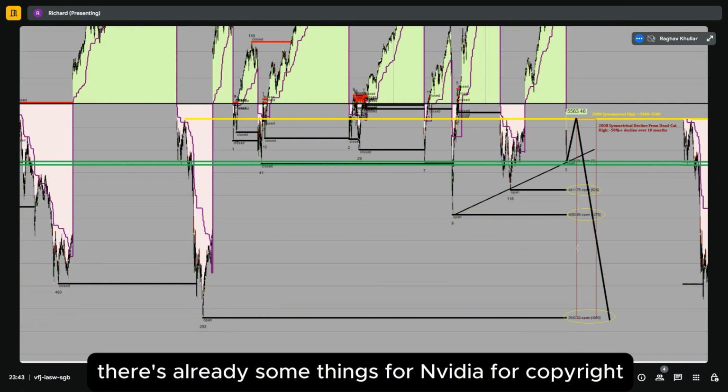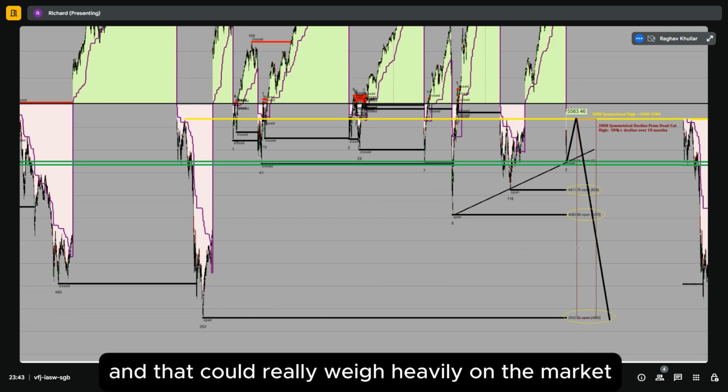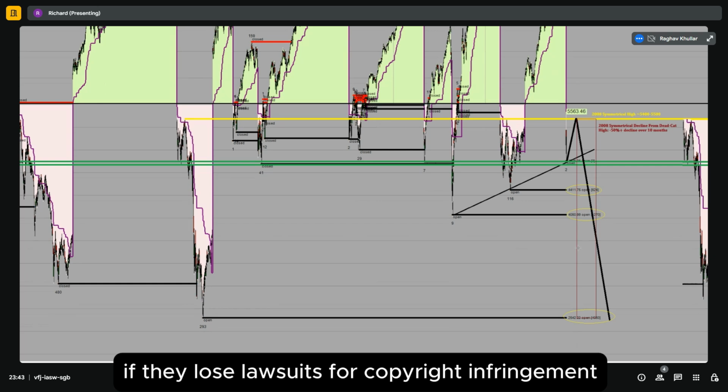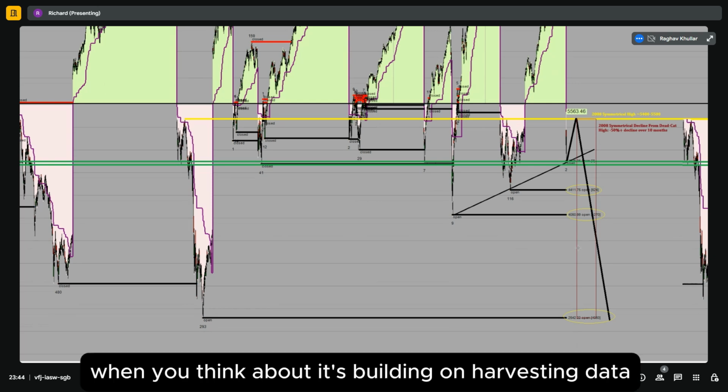There are already some things for NVIDIA for copyright. There are some lawsuits in motion for copyright violation, and that could really weigh heavily on the market if they lose lawsuits for copyright infringement, because their whole business model, when you think about it, is built on harvesting data.